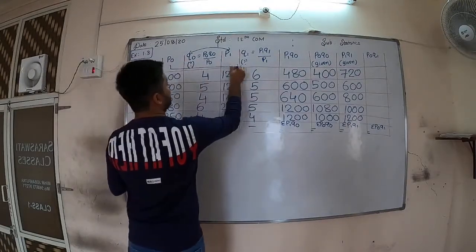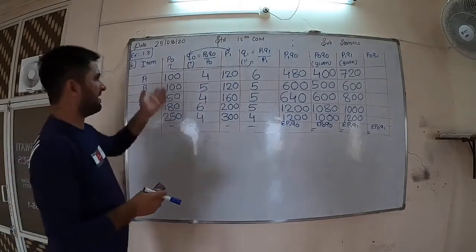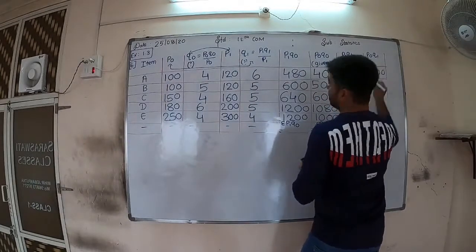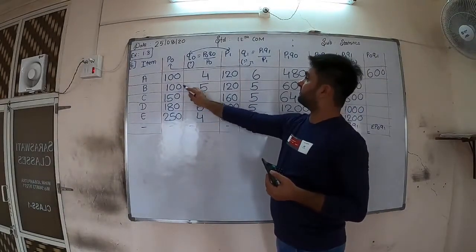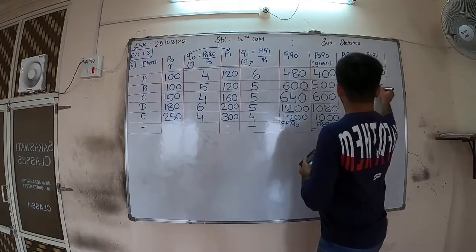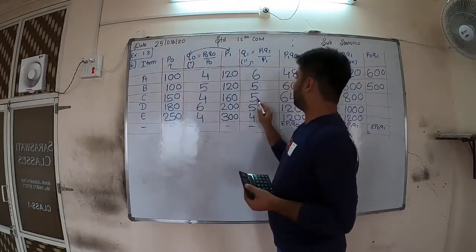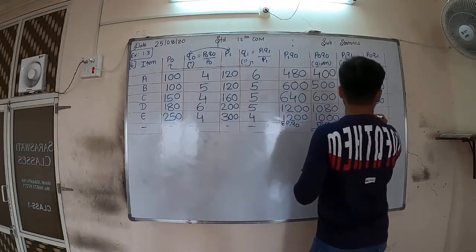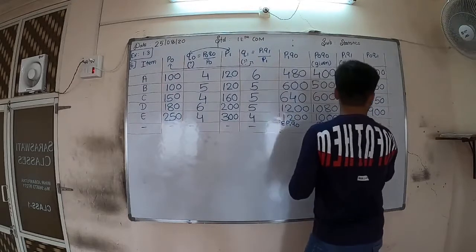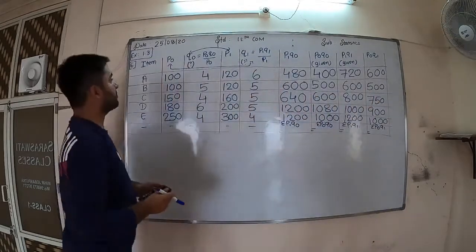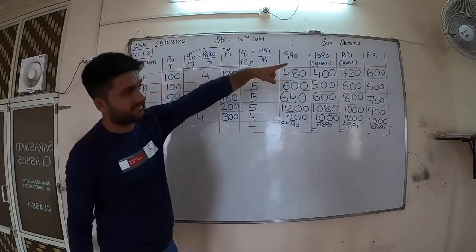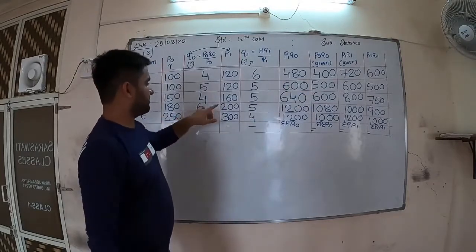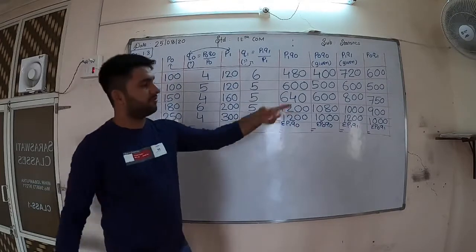So P0 and Q1, both of these. 100 into 6 is 600, then 100 into 5 is 500, then 150 into 5 is 750, then 180 into 5 is 900, 250 into 4 is 1000.